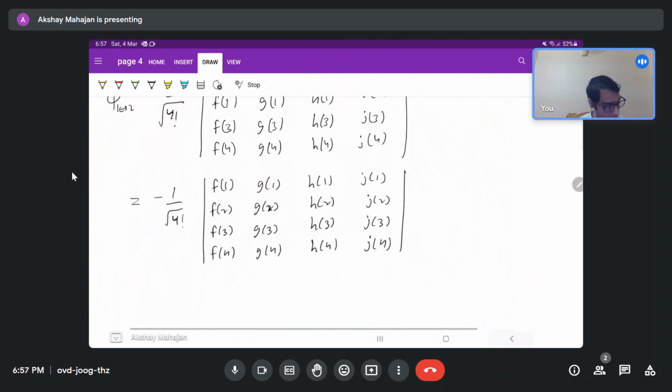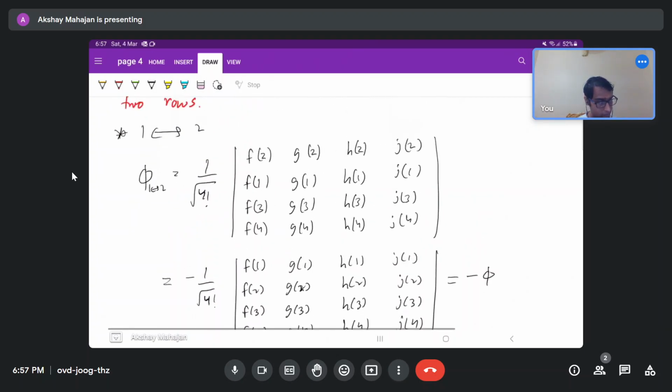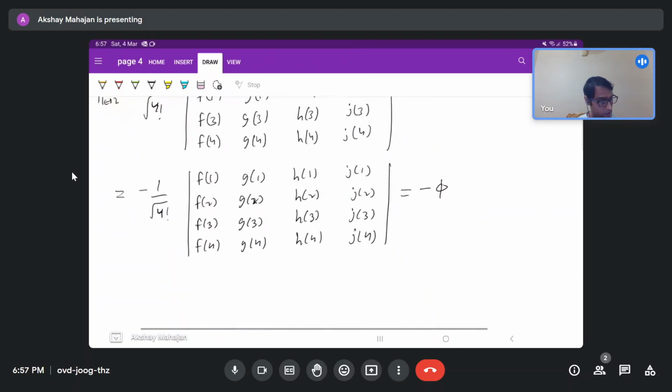So what we are getting is minus phi. We get a minus sign when we interchange the electrons once. This shows the antisymmetry.